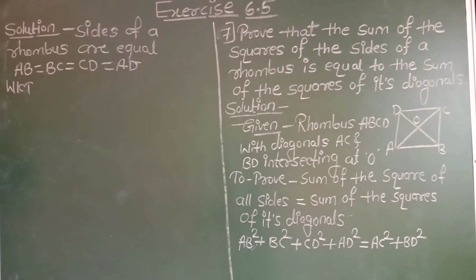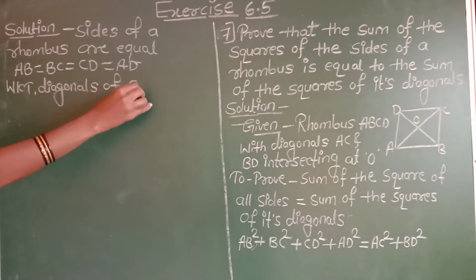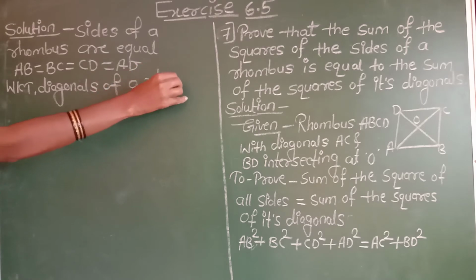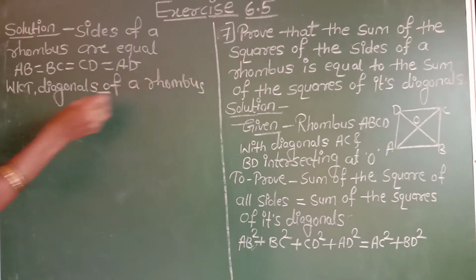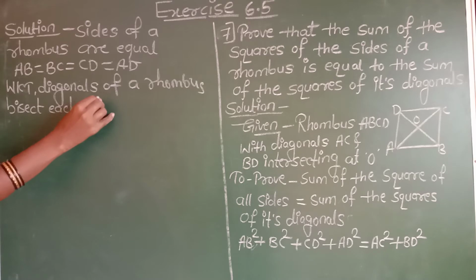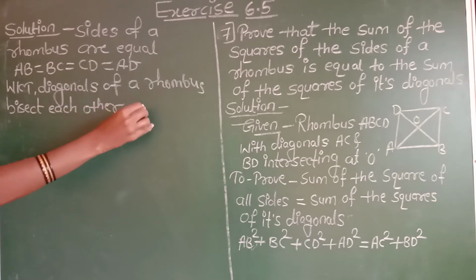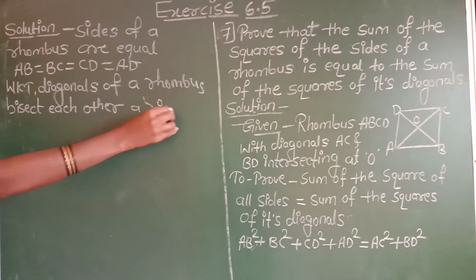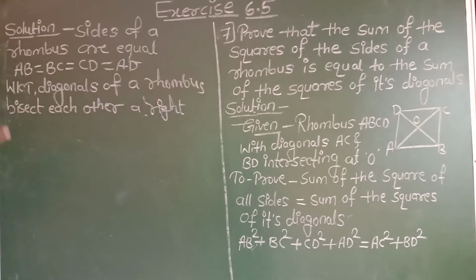We know that diagonals of a rhombus bisect each other at right angles. Already I have drawn those right angles.